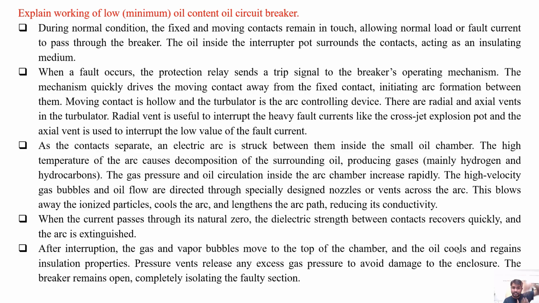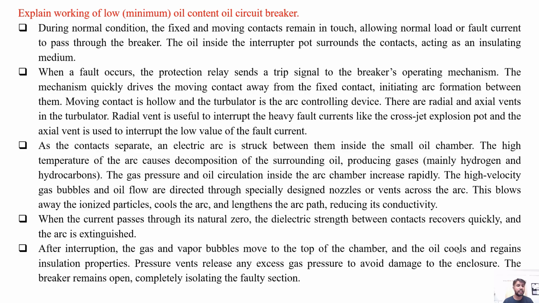Now, as the contacts separate and an electric arc is struck between them inside the small oil chamber, the high temperature of the arc causes decomposition of the surrounding oil and gas production, mainly hydrogen and hydrocarbon gases. The gas pressure and oil circulation inside the arc chamber increase rapidly.